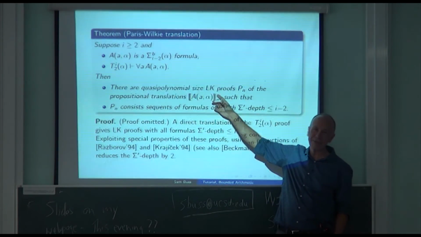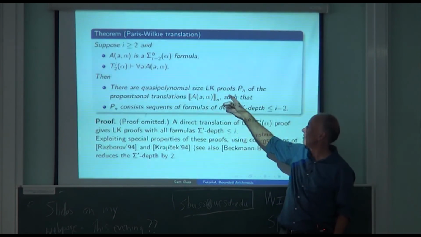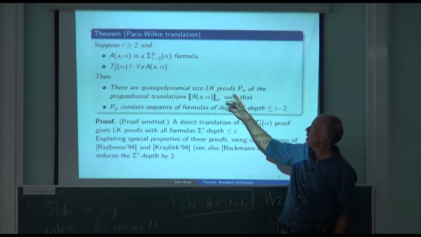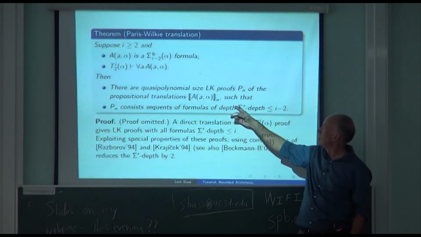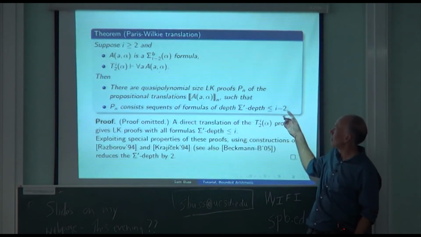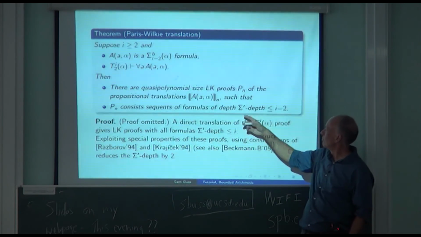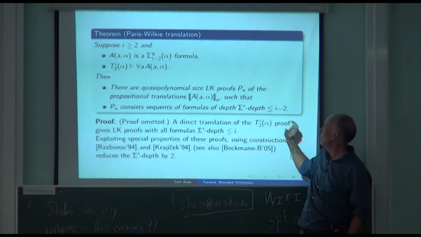I'm using LK for the sequent calculus, from Gentzen's old terminology, logischer Kalkül. There are LK proofs P_n of the propositional translations of these formulas such that P_n consists of a sequence of sigma prime depth less than or equal to i minus 2.